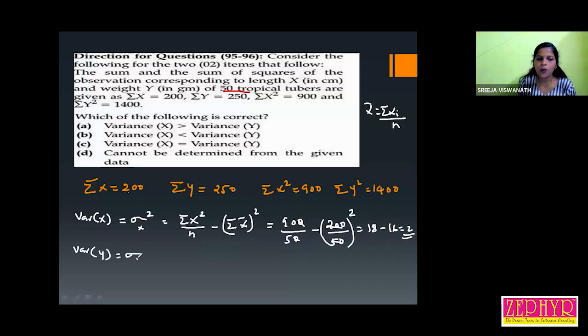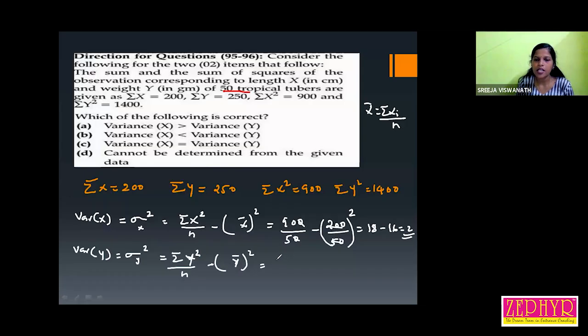Sigma y square. The formula is sigma y square by n minus sigma y bar the whole square.